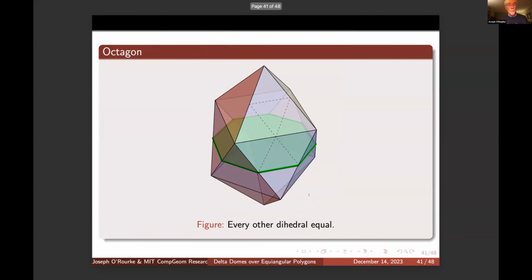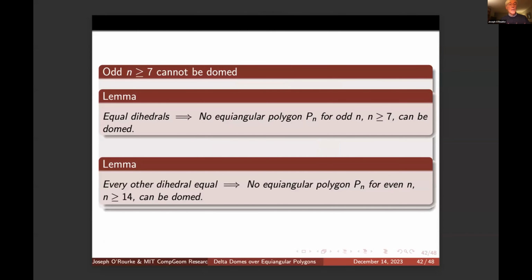So I just showed you the equal dihedrals. Here's another one where it's very clear every other dihedral angle is equal. Odd, even, going around, tilt out, tilt in, tilt out, tilt in. And so if you have equal dihedral angles, then no equiangular polygon for n greater than 7 can be domed because we have a limit on the number of dome vertices.